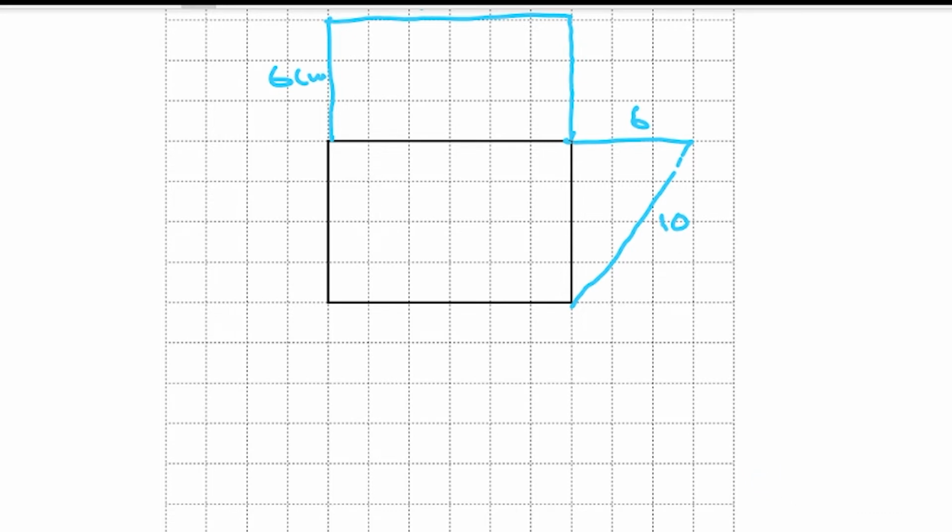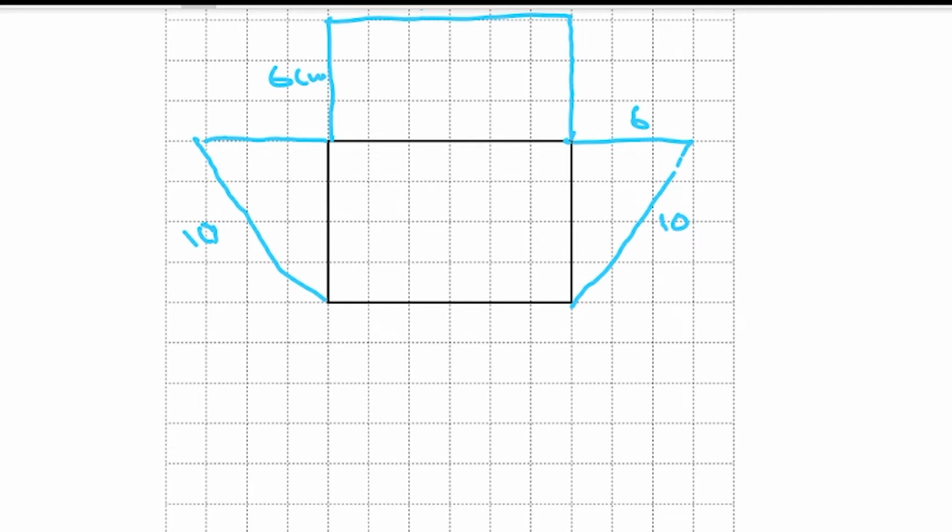Draw a 6 centimeter line here and join this with this one. It is also 10 units. So this is the net of this triangular prism.